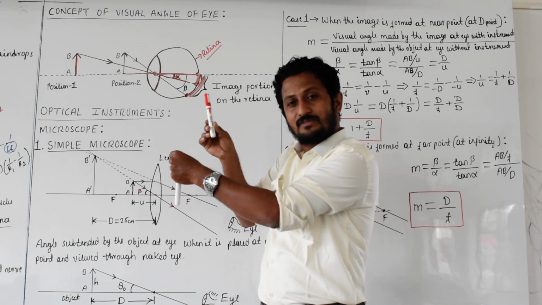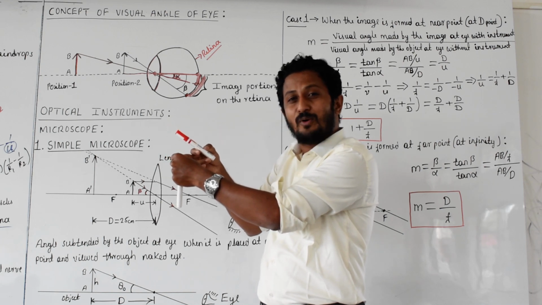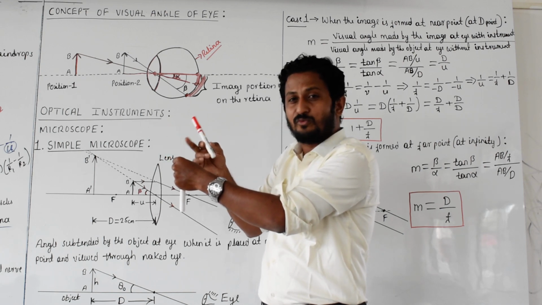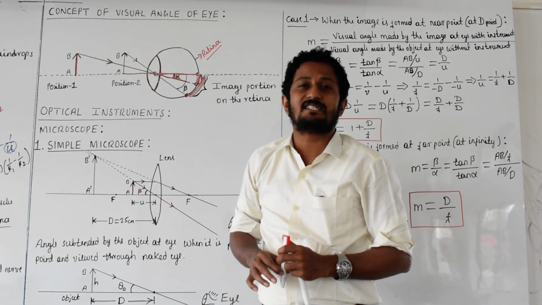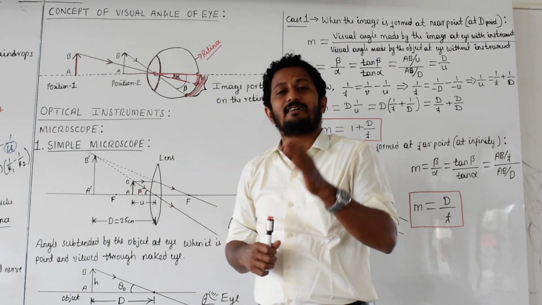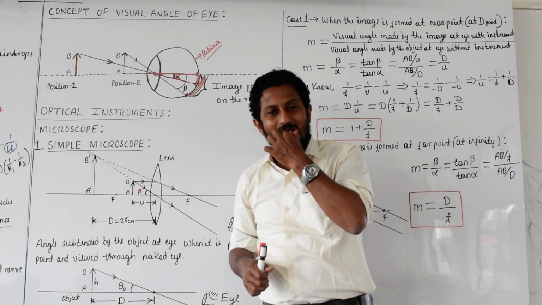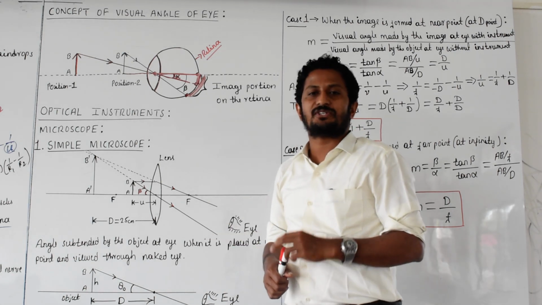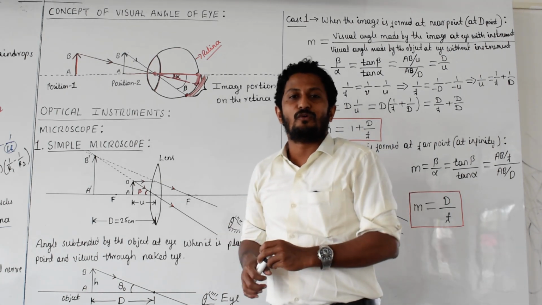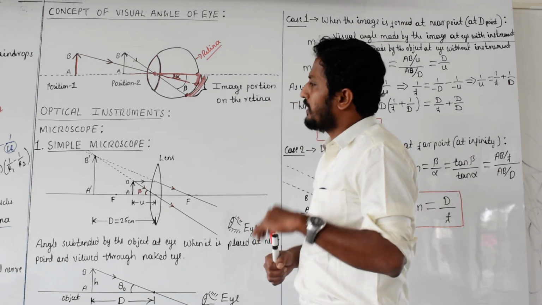When it comes between the optic center and the D point, the visual angle is greater, but even though you are unable to see a clear image. The eye has certain limitations, certain conditions, and according to those conditions it performs its function. So this is about the eye.